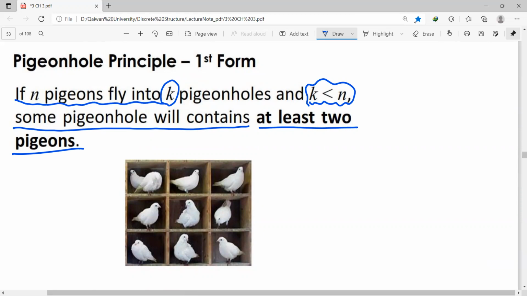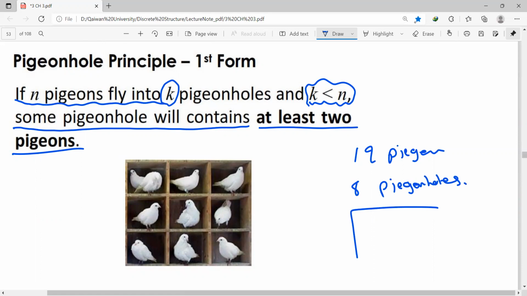For example, let's say you have 12 pigeons and 8 pigeonholes. Here you have 8 pigeonholes and 12 pigeons.